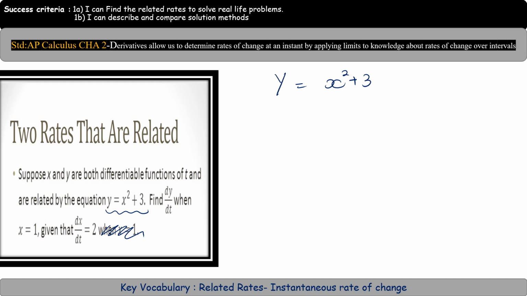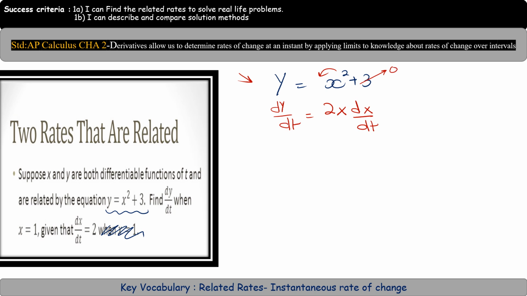So before applying anything to the given values, first of all, you have to take the derivative. So derivative of y will be given as dy by dt equals the derivative of x square is 2x, and don't forget to write dx by dt. Now 3 is a constant, so derivative of 3 is 0.